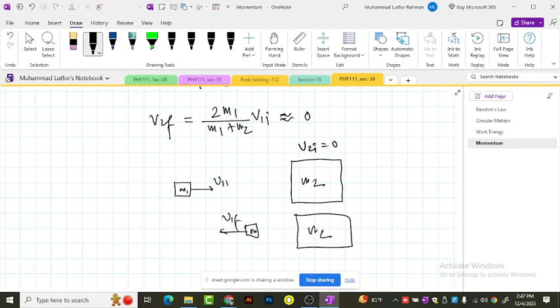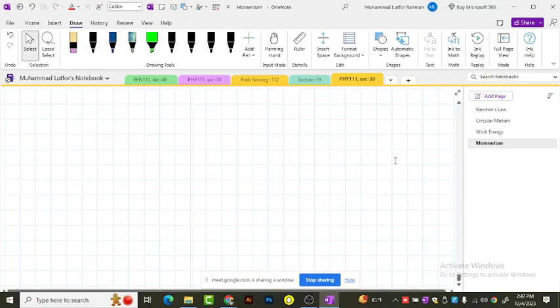If it is stationary, it will remain stationary. If it is moving, it will move with that same momentum. It will not change at all. That's how we can explain these 3 phenomena using this equation.